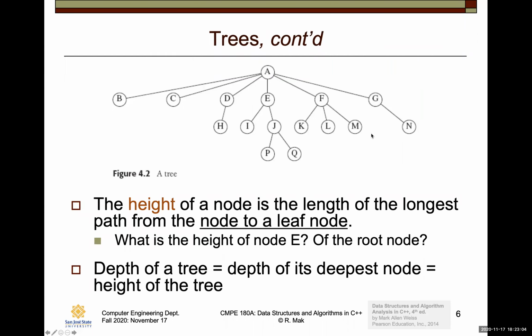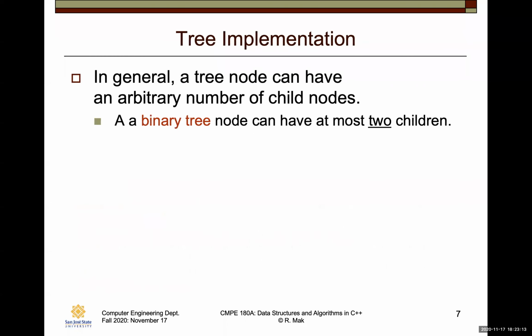So in general, a tree has nodes, and each node can have an arbitrary number of children. However, there's a special tree called a binary tree, where each node can have 0, 1, or 2 children, at most 2.